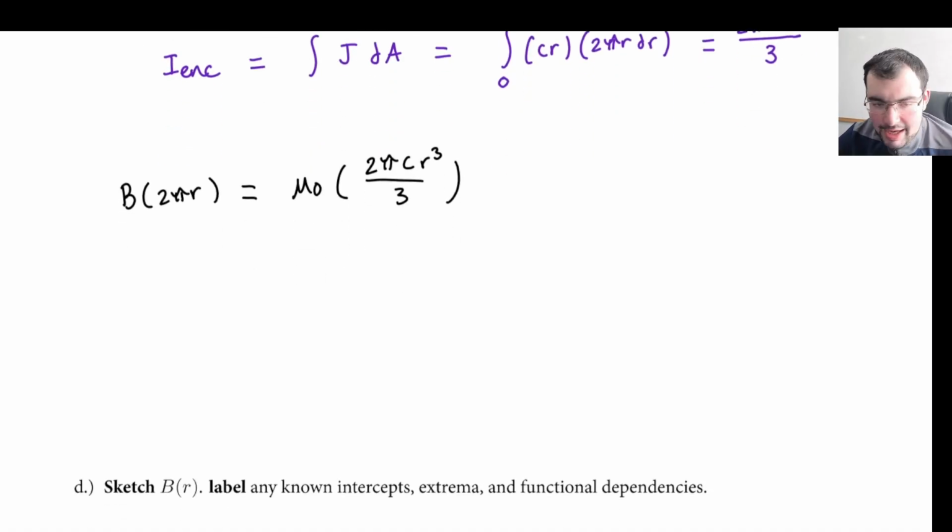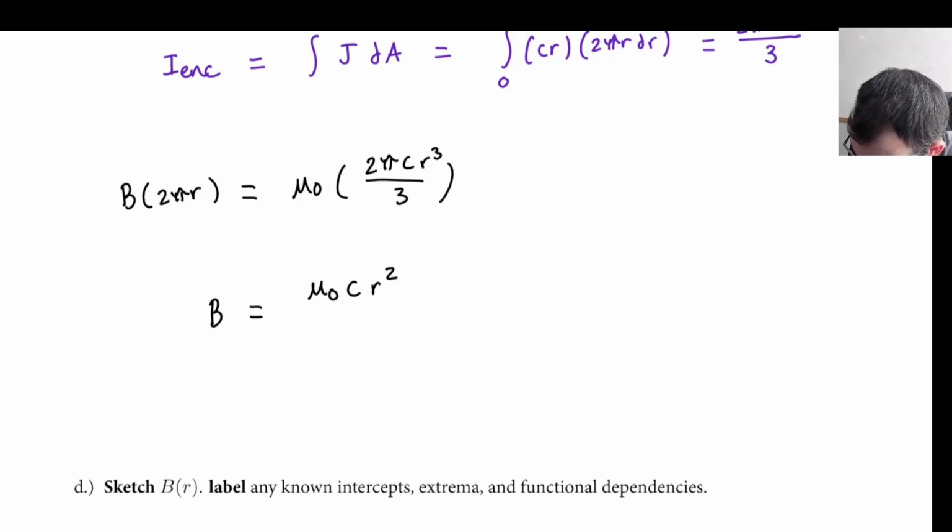And we get some canceling, right? 2 pi cancels, and one of the r's cancel. So that's going to make B equal to mu naught C r squared divided by 3.